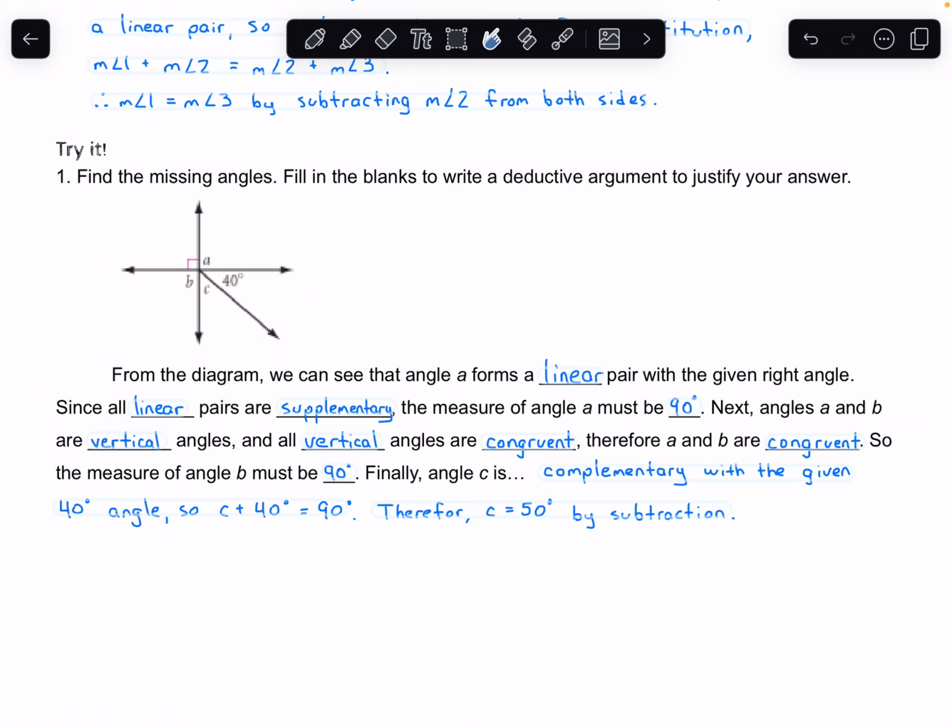Notice here that I've gone ahead and created the equation C plus 40 equals 90 degrees and done a simple subtraction as my final step, whereas earlier for angle A, I noted that the linear pairs are supplementary, but I did not create the equation A plus 90 equals 180 and subtract 90 from both sides. I've skipped a couple steps that I'm going to assume the reader following along would be able to do.